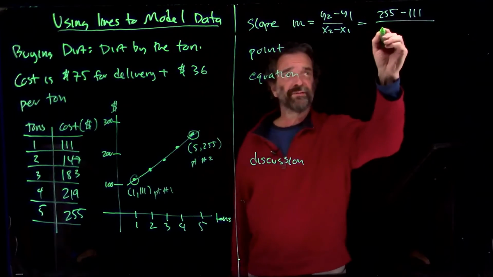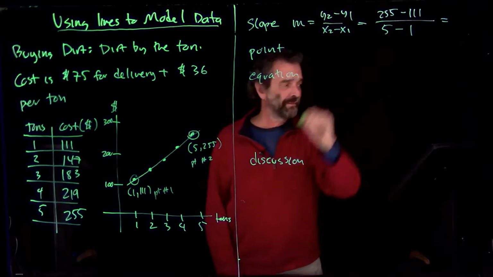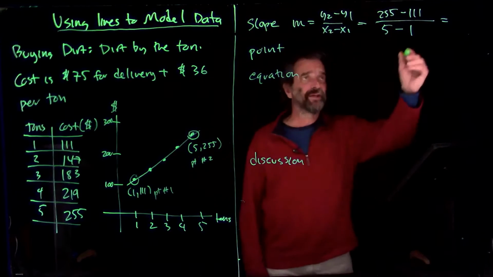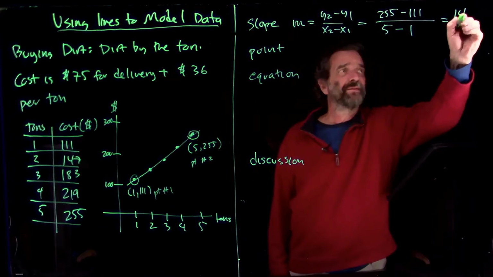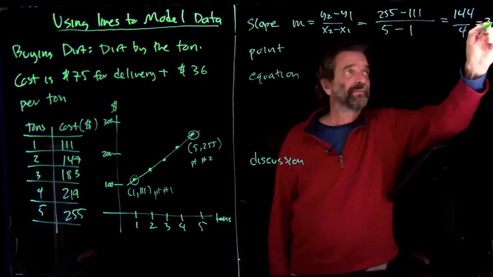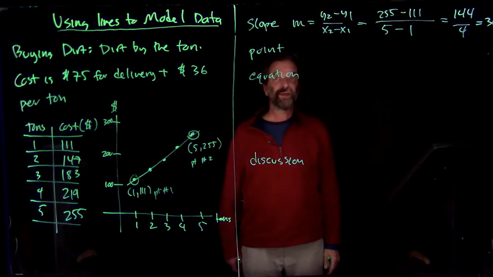Okay, and x2 is 5 minus x1 is 1. All right, I'm checking my notes. Since it's 144 on top, looks like it is. 144 over 4, which comes out to be 36. 36 times 4 is 120 plus 24, that's 144.